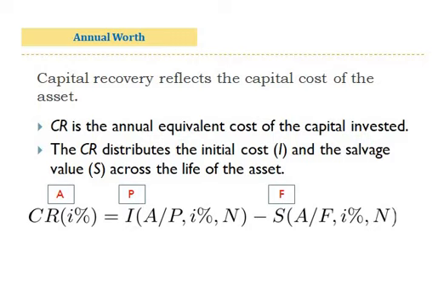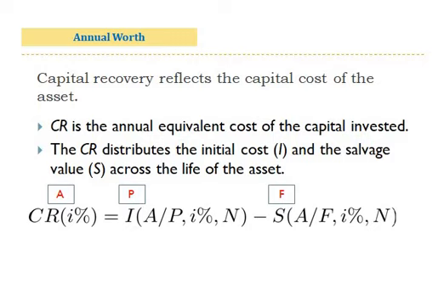So the capital recovery has an equation. It involves the initial investment and the salvage value. Here, you must understand that the capital recovery is an annual equivalent cost, as if I'm getting the annuity, but in terms of the initial investment and the salvage value. I'm seeing how this initial cost was distributed across the life of the asset.